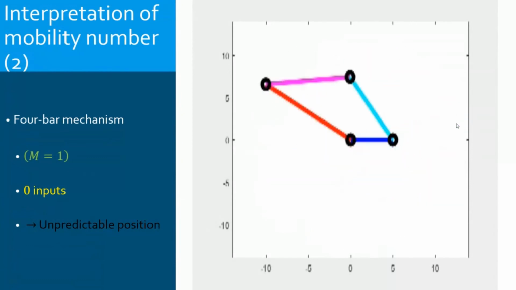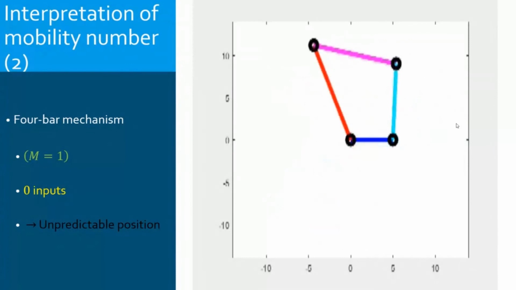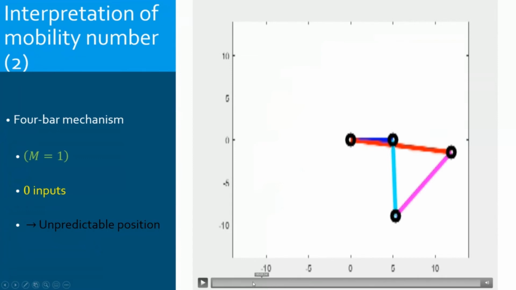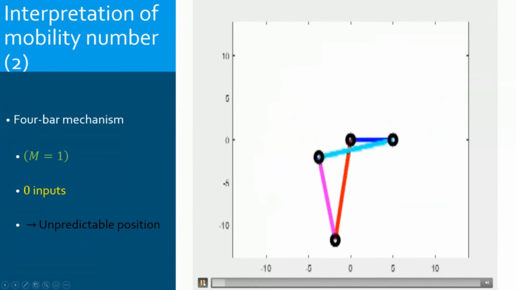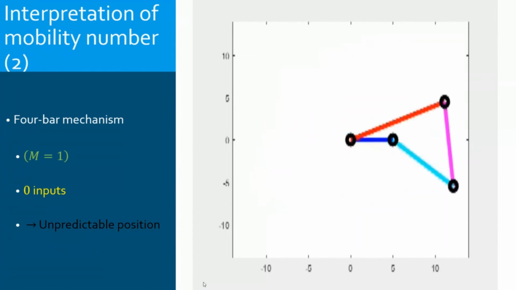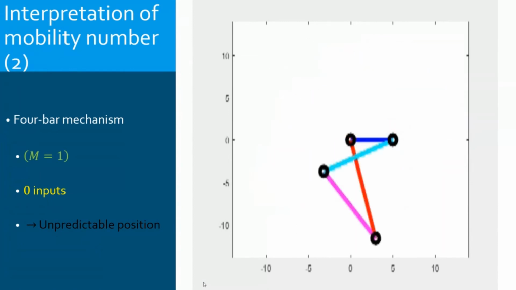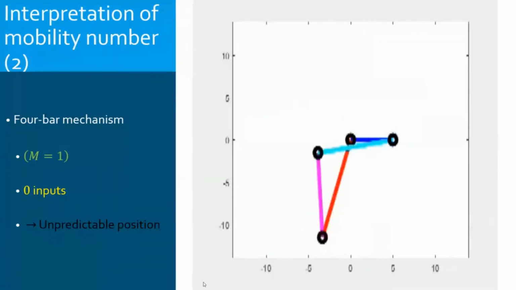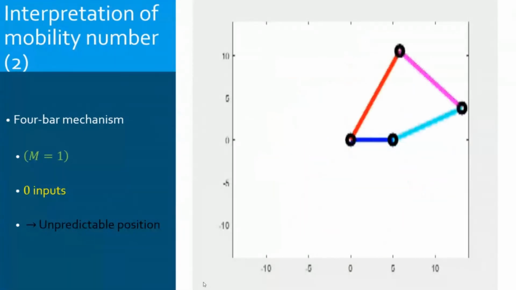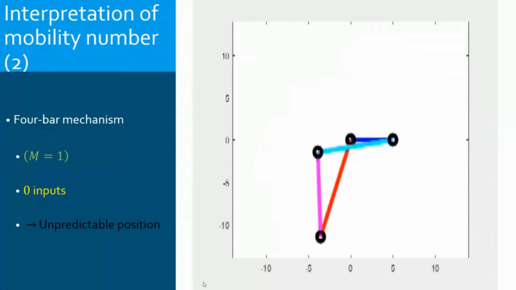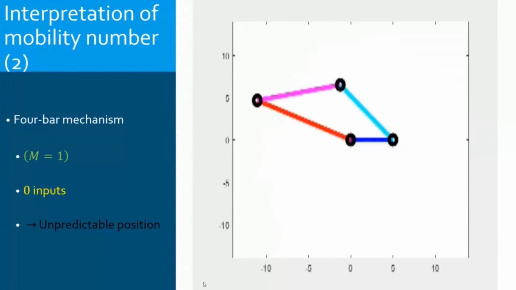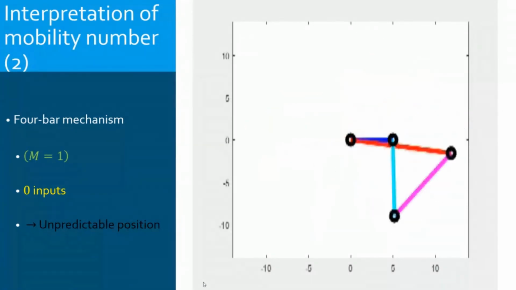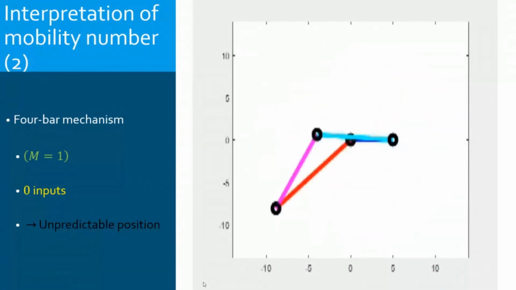Here I didn't control any one; the input goes randomly. If the input is random, I'm not controlling it, and I can have any motion for the mechanism. The motion is unpredictable. So if you give the mechanism fewer inputs than required by the mobility, the position of the mechanism is unpredictable. Okay?